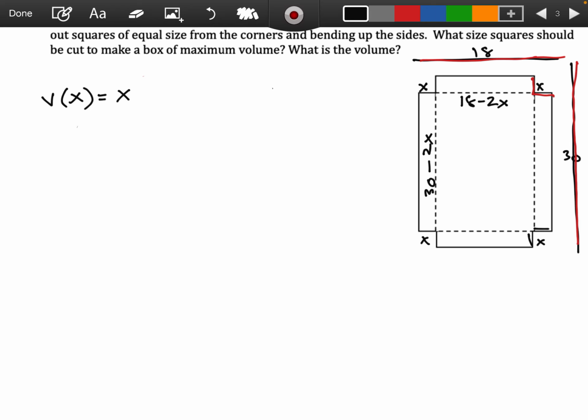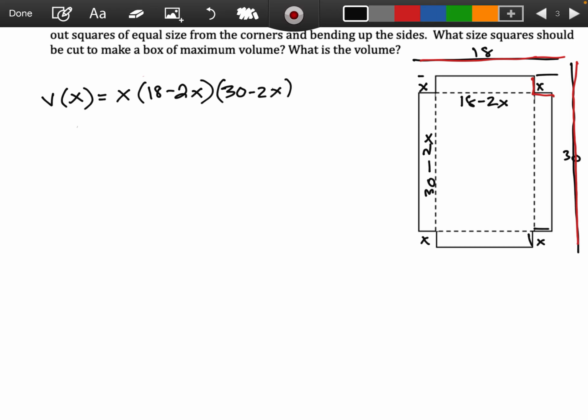You have to make it into an equation. This 18 side is going to be 18 minus 2x, because you have two sides that you're taking away, right? By cutting it and unfolding the paper up. So it's going to be 18 minus 2x. You leave it as x because we don't know what x is. We're trying to find all the possible x's and then maximize it. So same kind of logic goes for the side that is 30 inches long.